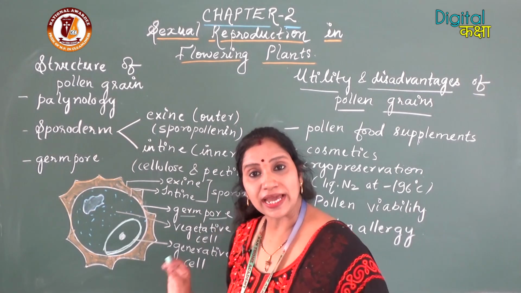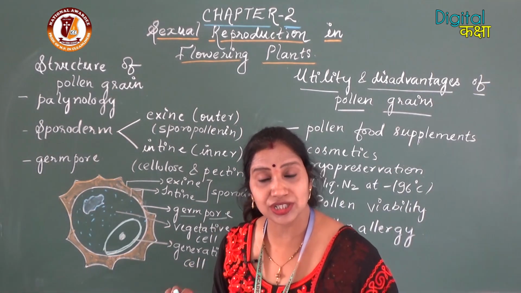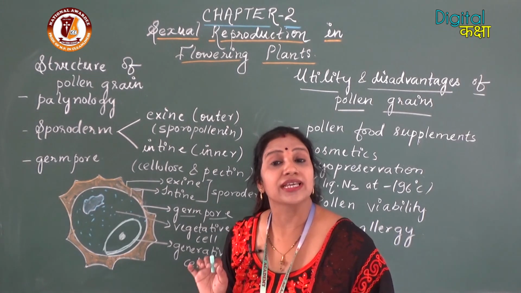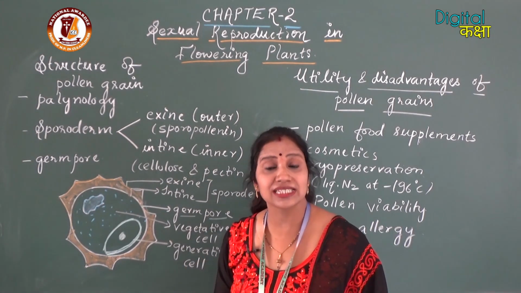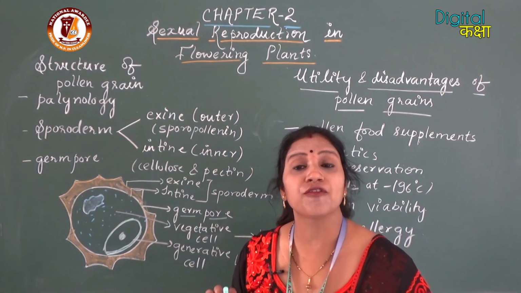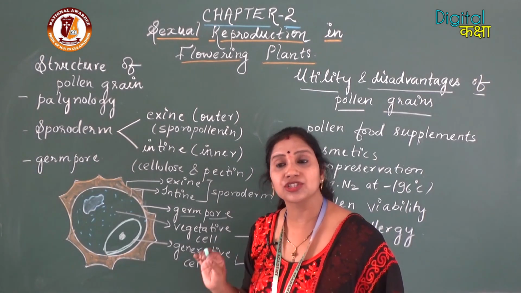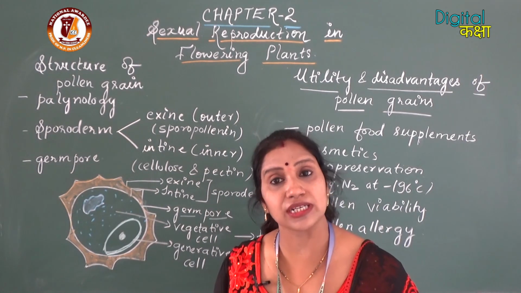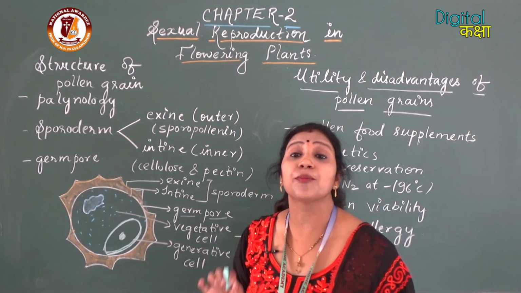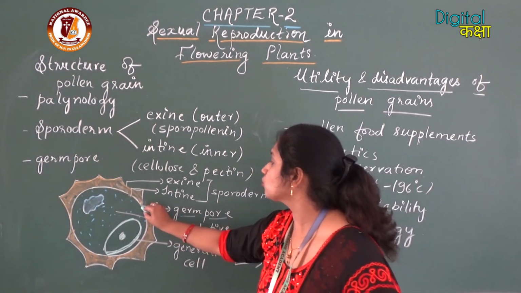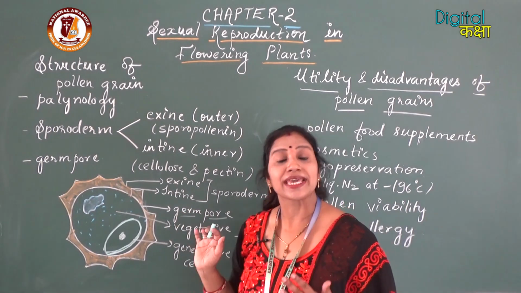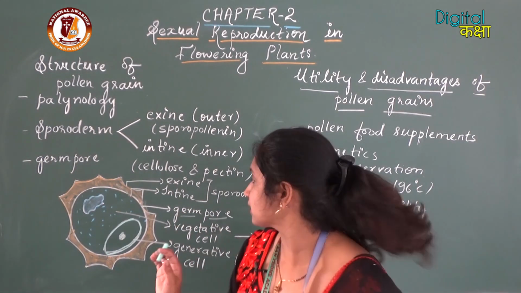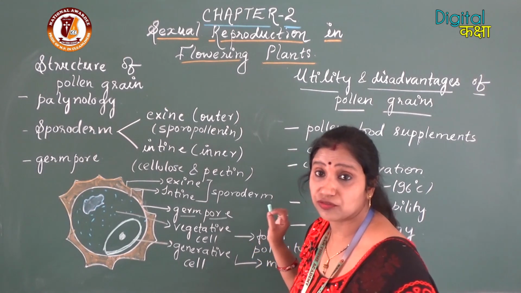So you know why this germ pore is essential? This germ pore is essential so that the germination of the pollen grain can occur through it. Whenever the germination of pollen grains takes place, the pollen tube will come out through this germ pore carrying the male gametes. So that is the importance of the germ pore.